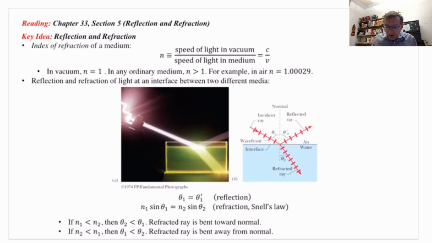Okay, in section 5, we're going to talk about the phenomena known as reflection and refraction. So here's what we're thinking about. We've got two materials. Consider them both to be what you would call in everyday life transparent materials. And what that means for most people is that you can see through them.